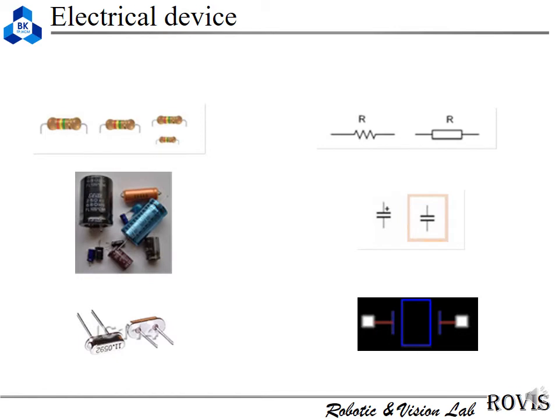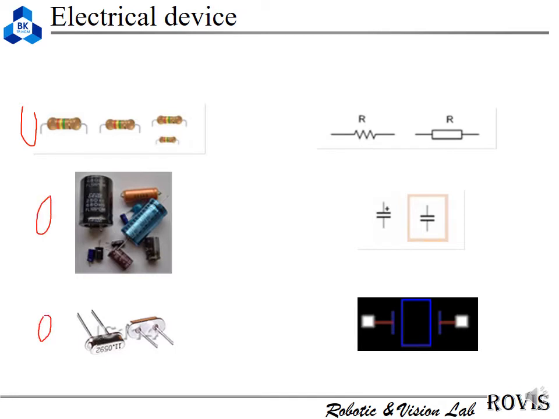And first of all, before we go to module 1, we have a short review of some electrical devices that you will use during the course. The first one is the resistor, right? This is the resistor, and this is the capacitor.